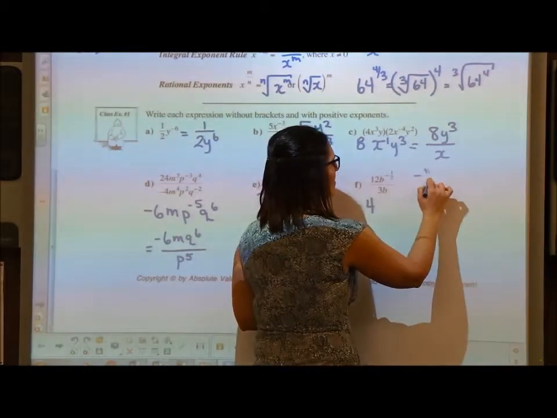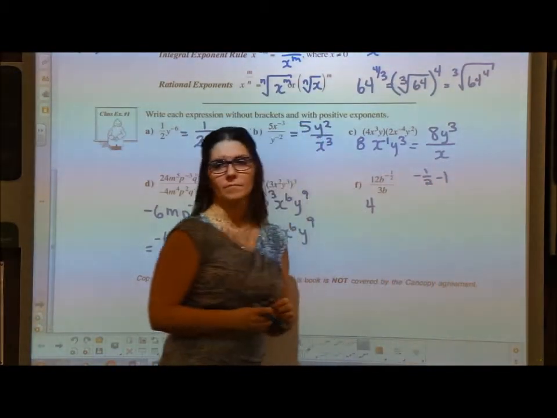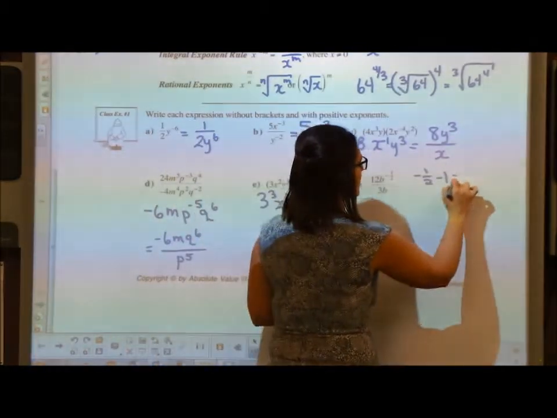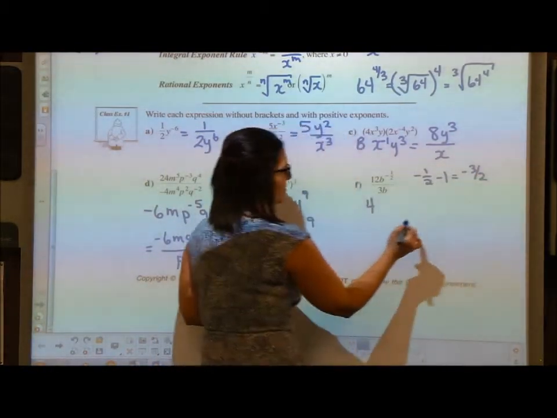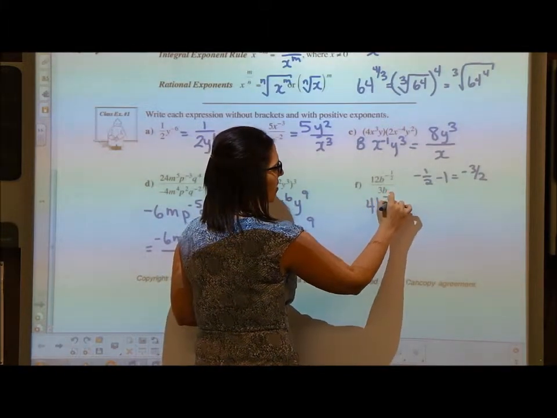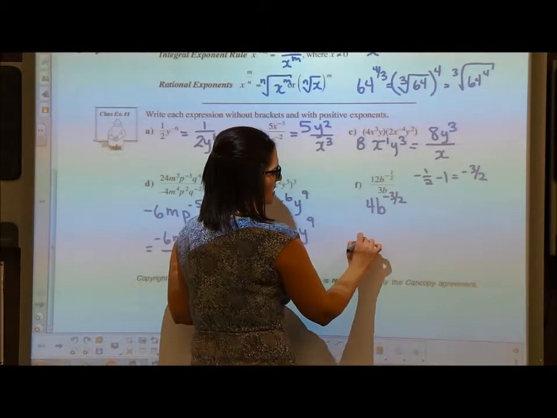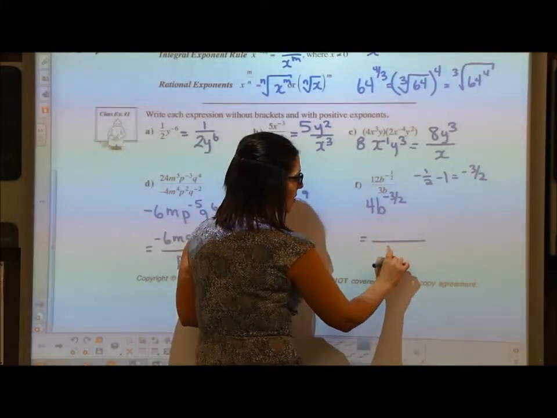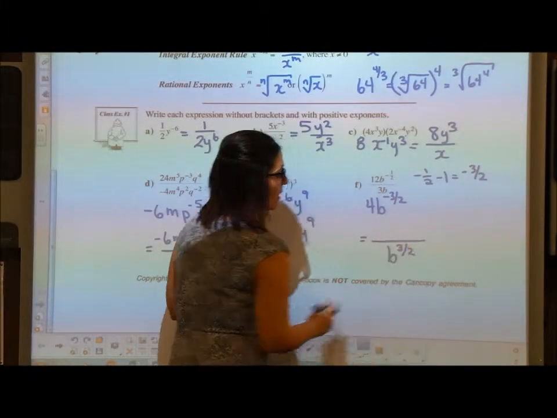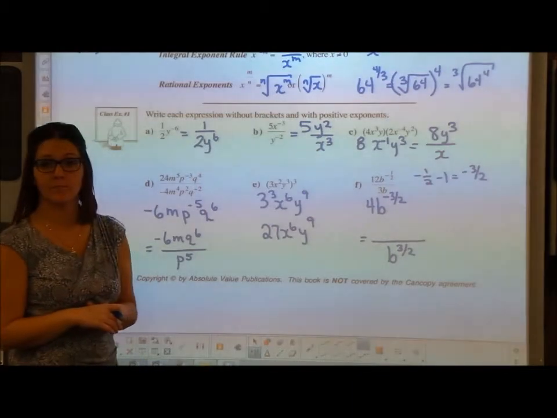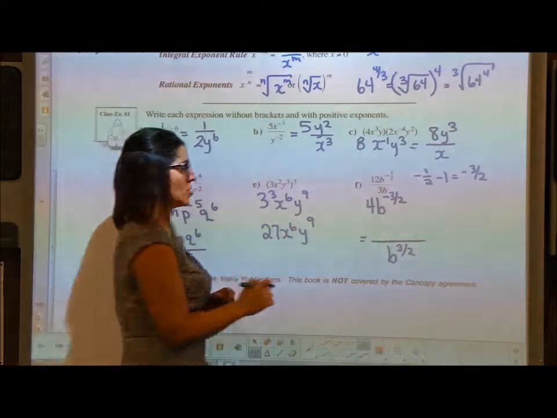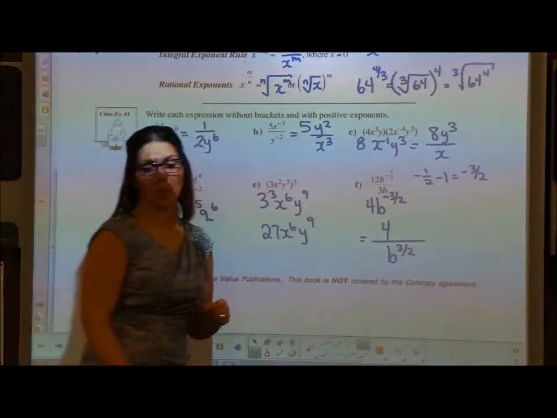Negative 1 half minus 1. Negative 3 halves. So then I'd have 4b to the power of negative 3 halves. To make it a positive 3 halves, move it to the bottom. Where does the 4 go? It stays on the top because it's not tied to the negative exponent.